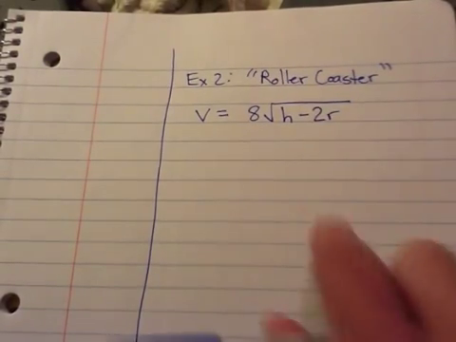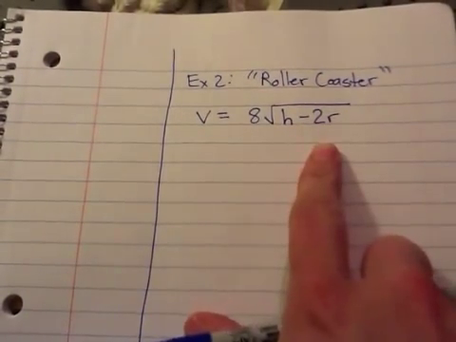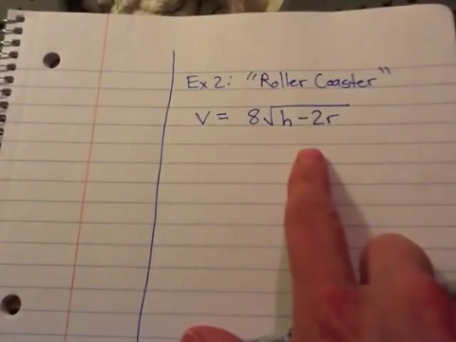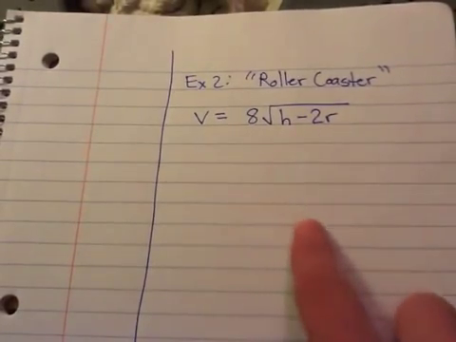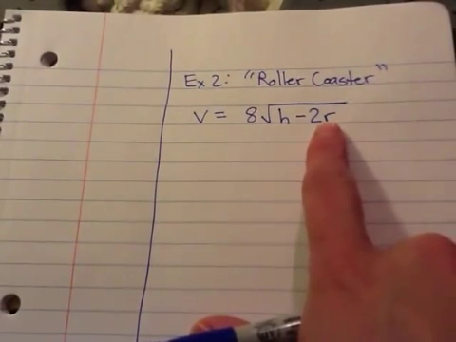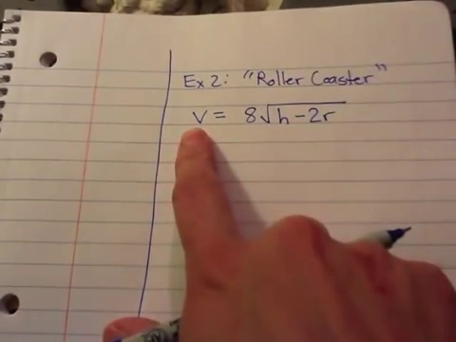And so if you were to read through this whole word problem, they end up telling you that this is talking about the loop in a roller coaster. This r is your radius, height, and then velocity.